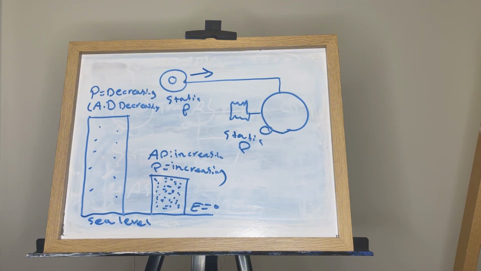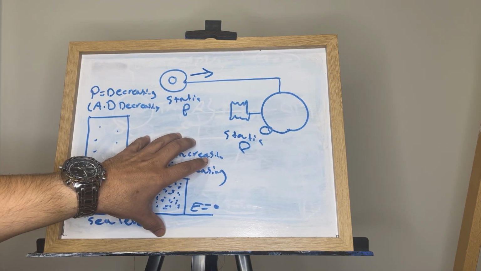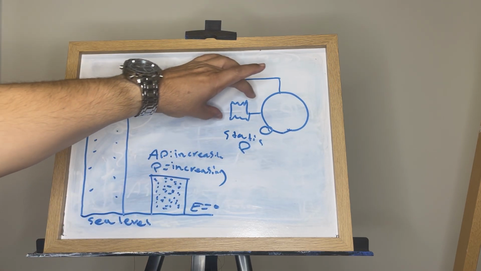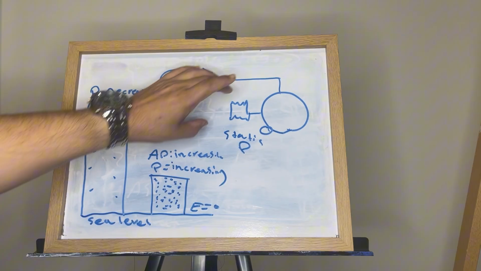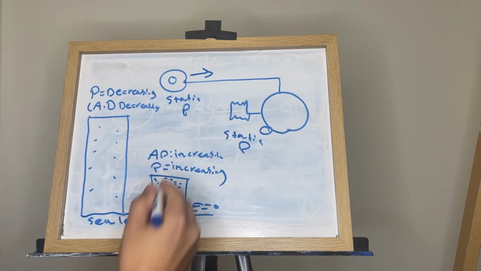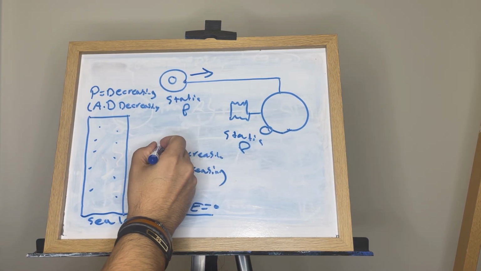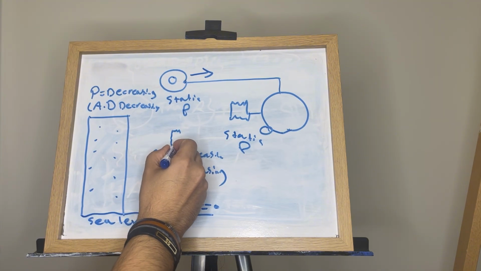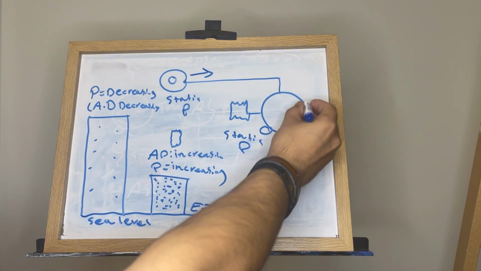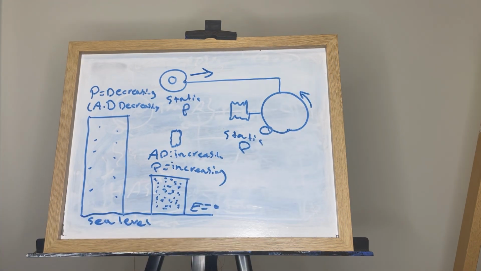So when the altimeter is located at a lower altitude, due to the pressure increasing, the aneroid capsule, sensitive to static pressure, compresses like this, and the altimeter shows a decrease.